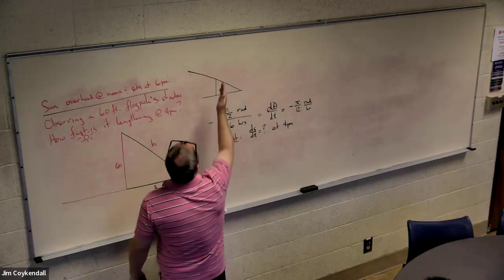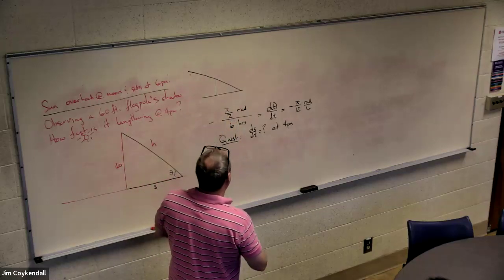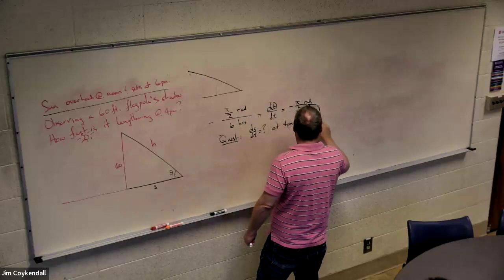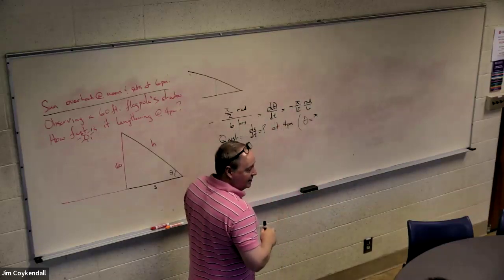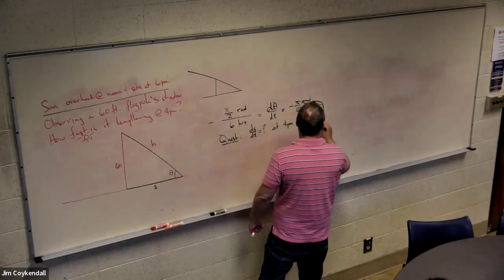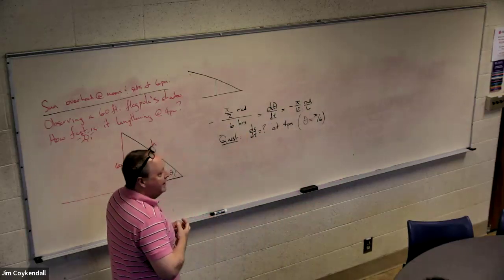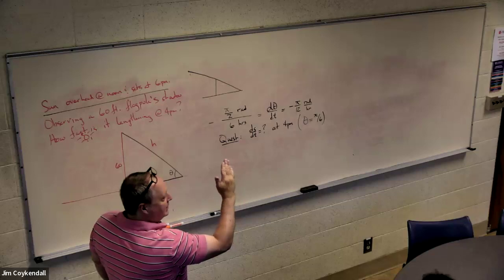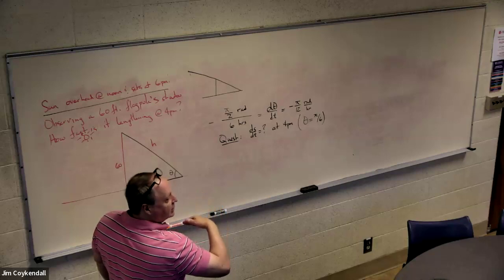So two-thirds of the way, it should be down to pi over 6. It should be 90 at noon, 60 at 2 o'clock, 30 at 4 o'clock, and 0.